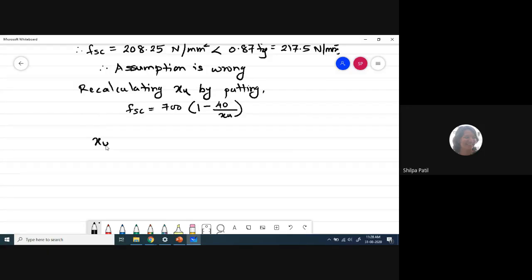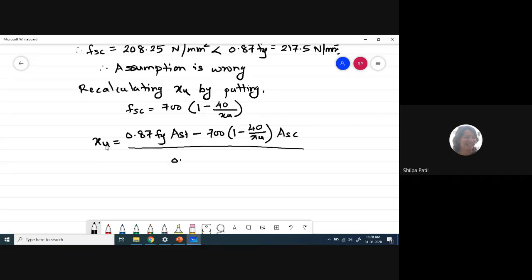So I will write down again the XU formula as 0.87 FY into ASD minus FSC. Now I will put this value, 700 into bracket 1 minus 40 upon XU, into ASC, divided by 0.36 FCK B.